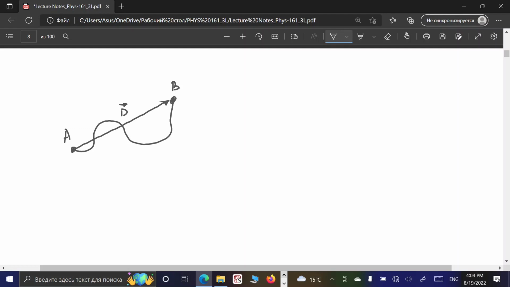It's defined by the length of this straight line between the two points A and B. So it will depend on the relative orientation of point A and point B. And also it has a direction which also changes if we change the position of point B with respect to point A. So in this case, we have an example of two quantities. The first one is path, which is scalar. The other is a vector quantity, which is displacement.